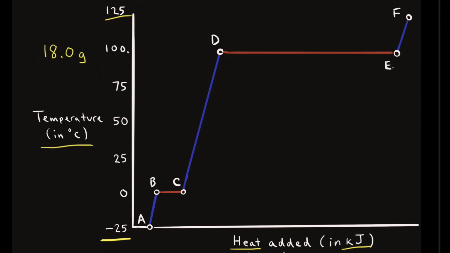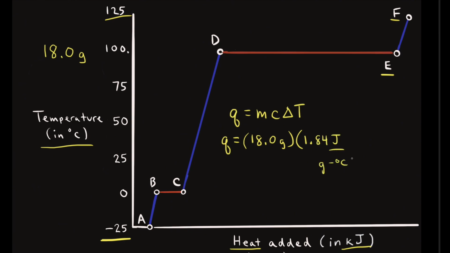Next, we're going to heat the gaseous water from 100 degrees Celsius to 125 degrees Celsius, so we're going from point E to point F on the heating curve. And to figure out how much heat we need to add, we use the Q is equal to mc delta T equation one more time. So we're solving for Q, and we still have 18.0 grams. This time we need to use the specific heat of steam, which is 1.84 joules per gram degree Celsius.